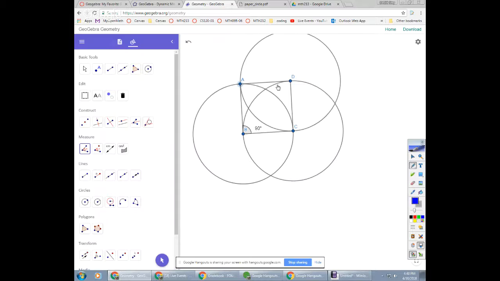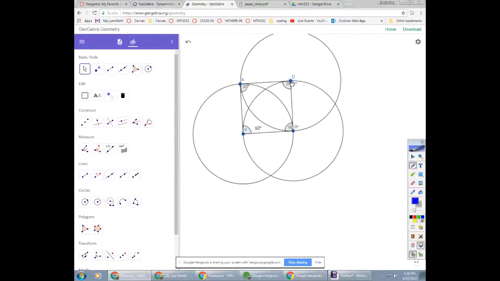What is this angle up here? 89.7. This one is 90. Oops, I went the wrong way. I think that's right. That one is 90. However, I kind of messed up that last point, didn't I? I didn't exactly put it in the right spot.